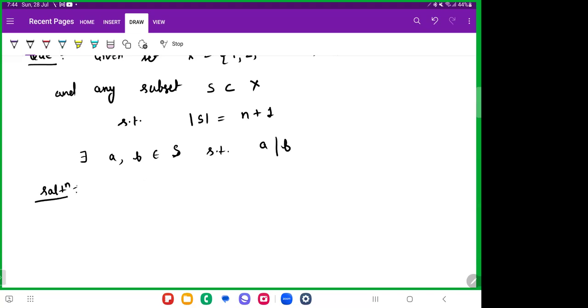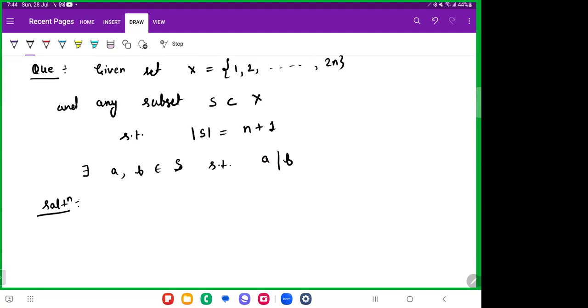Any idea? This was the problem in the lectures, right? Okay, nice, so this is given in the lecture. So how will you proceed? I will use some n representative sets for the sequence of the first n natural numbers.